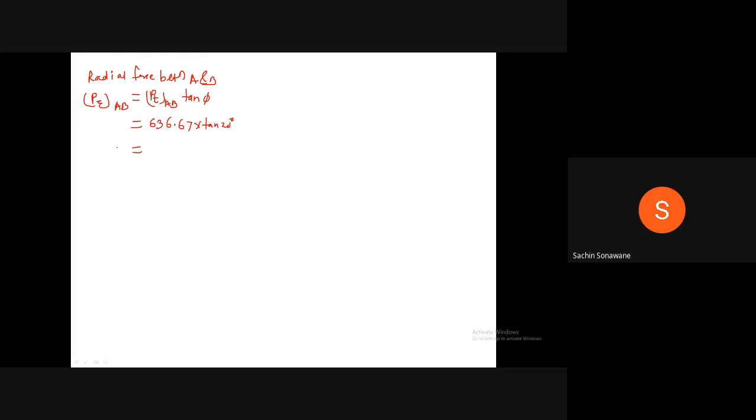Therefore, calculate the radial force between AB.